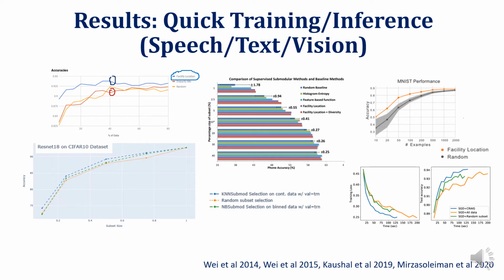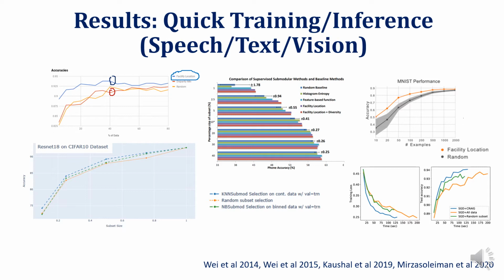Moreover, we observe that facility location performs much better than random sampling. So this is facility location at 40%, performing much better than random sampling, and also better than disparity min, which is the one in red here, proving that facility location is a good proxy for nearest neighbor classifier.